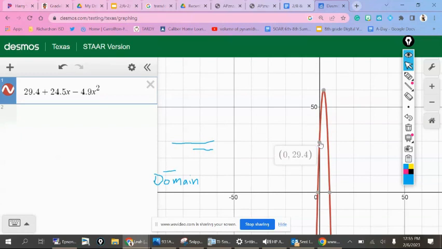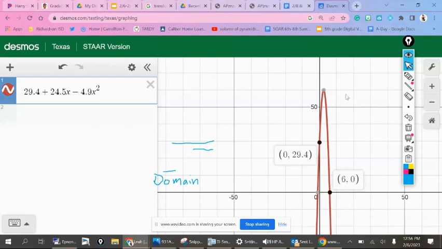This is getting a little bit fancy, but they did this on a cliff, and they started from 0 seconds because they're already 29.4 feet off the ground. That's our y-intercept. And then they traveled all the way down to the bottom, so it started from 0 all the way to 6.